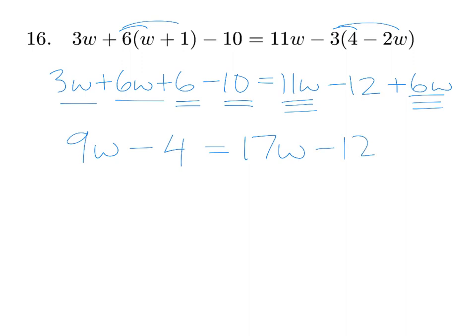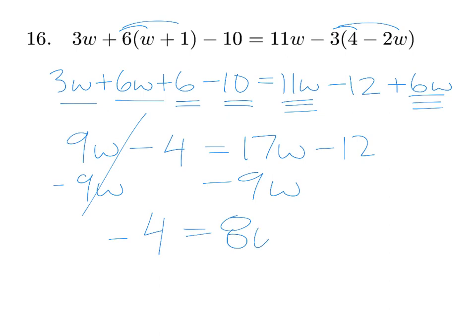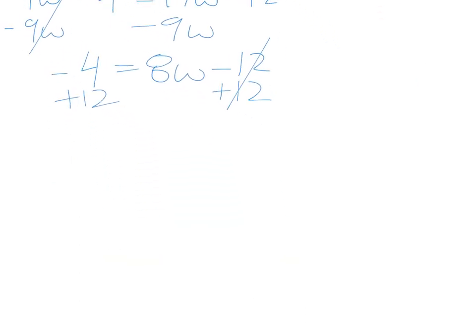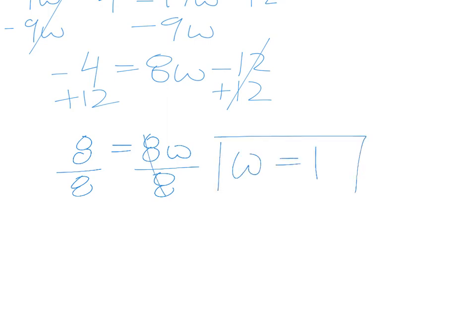Now it's your choice how you want to shift things around. I'm going to subtract 9w. So negative 4 is equal to 8w minus 12. Then I'll add 12. So then I have 8 is equal to 8w. Divide by 8, and w is equal to 1. Done.